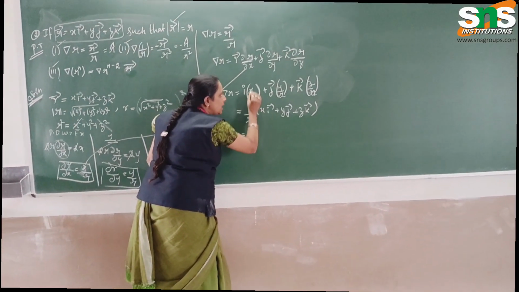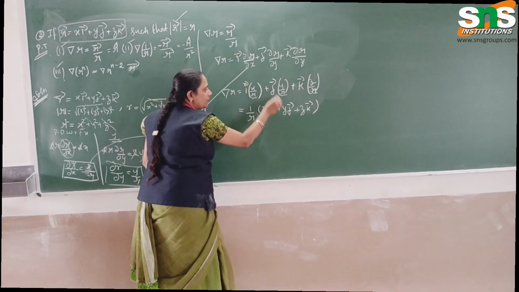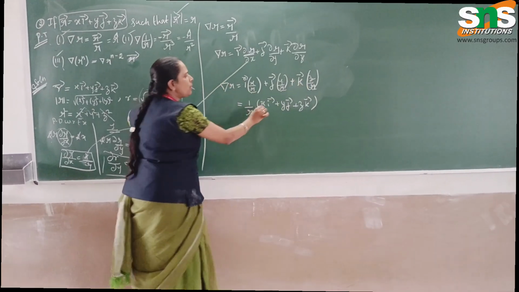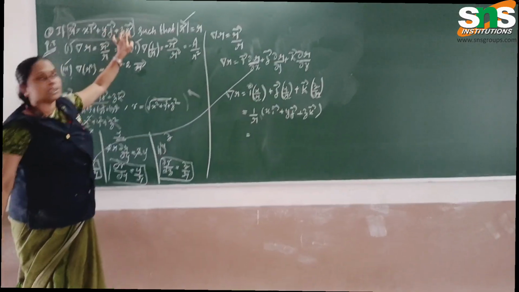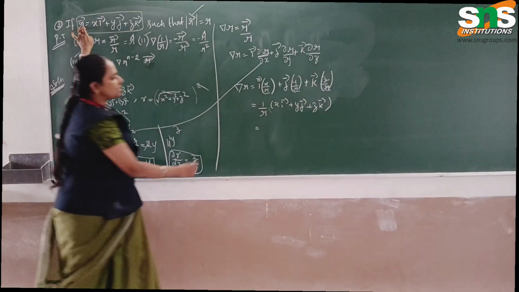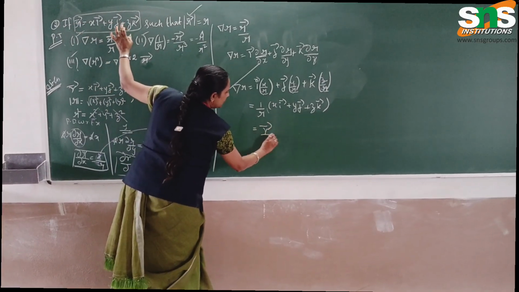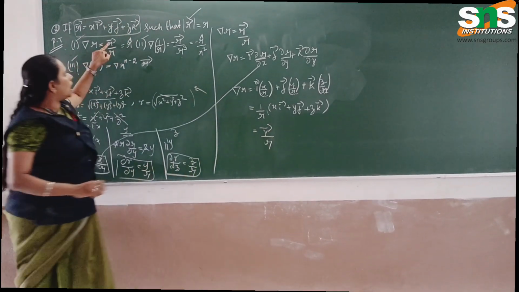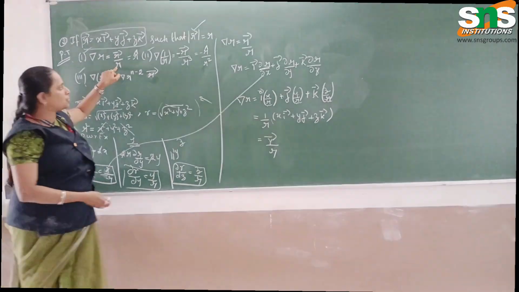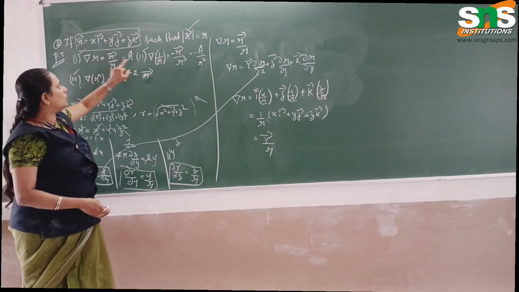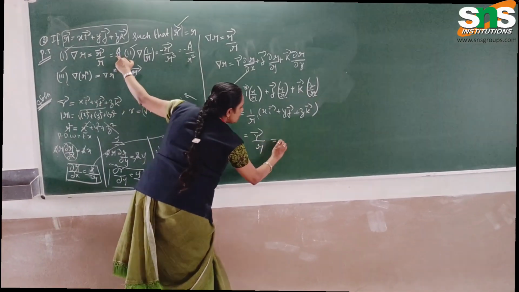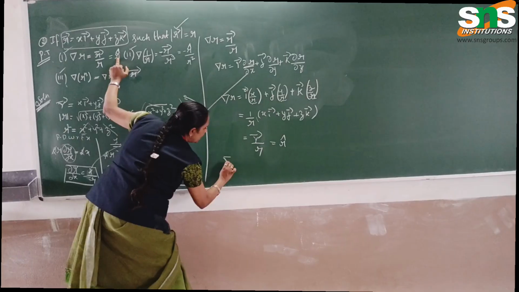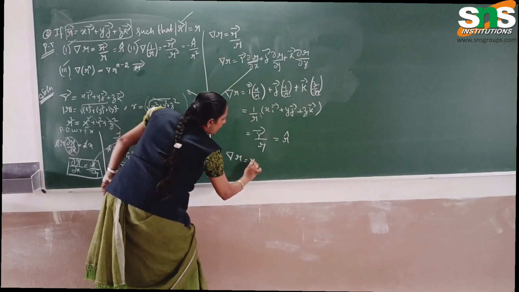The remaining is xi vector plus yj vector plus zk vector, so the answer is r vector divided by r. This is our solution. In this r vector divided by r, we write r cap. So del r equal to r cap.